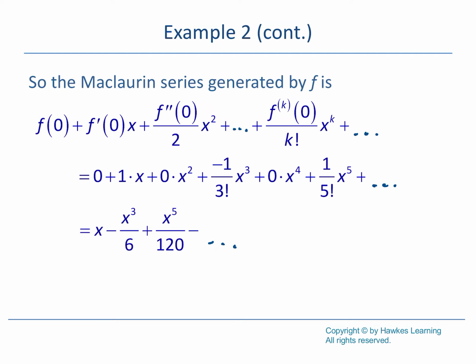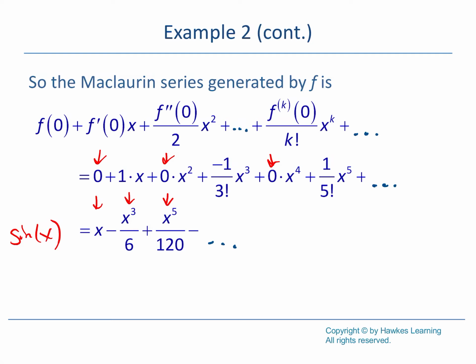And when you plug in all of those various ones, zeros, and negative ones, you can see that for sine of x, we get the odd powers of x that survive. All the even powers of x had 0 coefficients, which is not just convenient, but necessary.